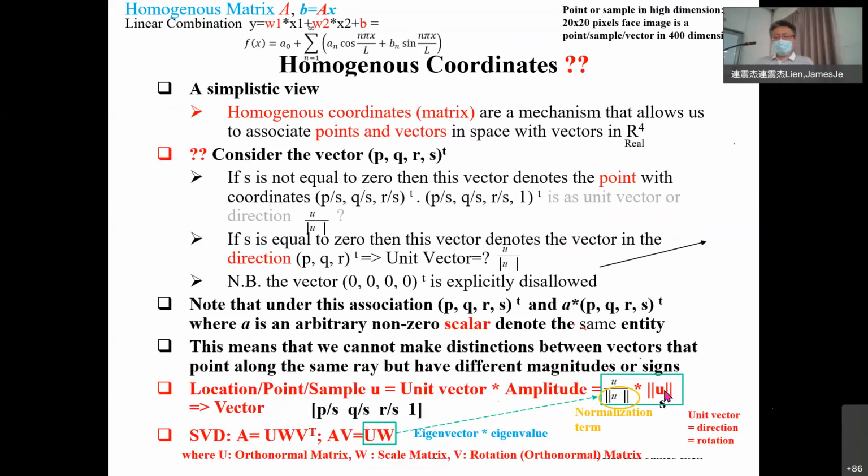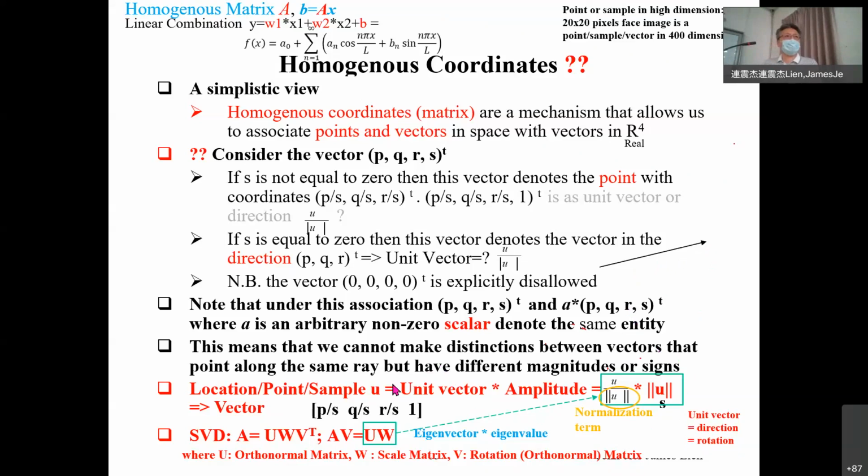Okay, so this distance. So any point is equal to unit vector. What's the unit vector? Unit vector is a direction, is a rotation. 任何一点的方向跟它的旋转角度。所以 unit vector, the physical meaning is a direction, 你走的那个方向, is also called rotation. So that's a unit vector.